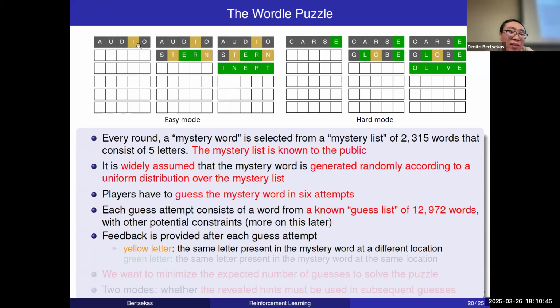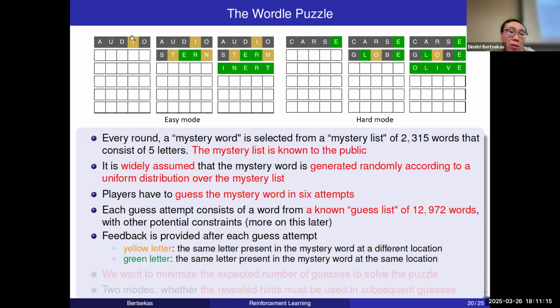It highlights some of the letters in your guess. If a letter is highlighted in yellow, that means the same letter is present in the mystery word at a different location. If it's highlighted in green, then congratulations, the same letter is present in the mystery word at the same location.